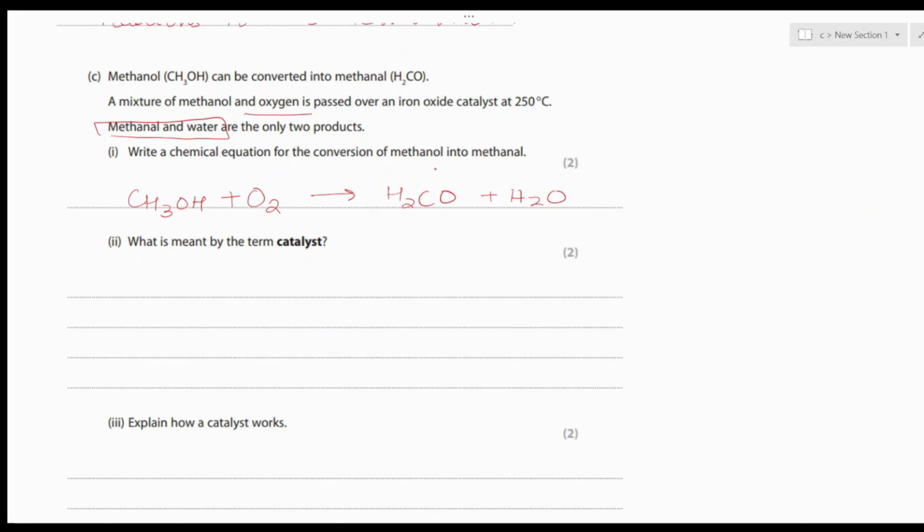Is this balanced? Okay, check one more time. I don't think so. I don't know why I feel it's not correct, though it seems to be correct.